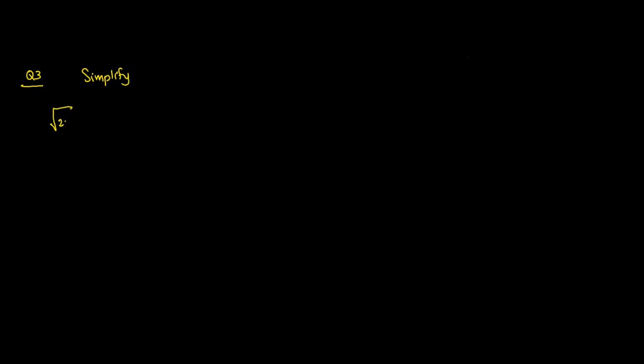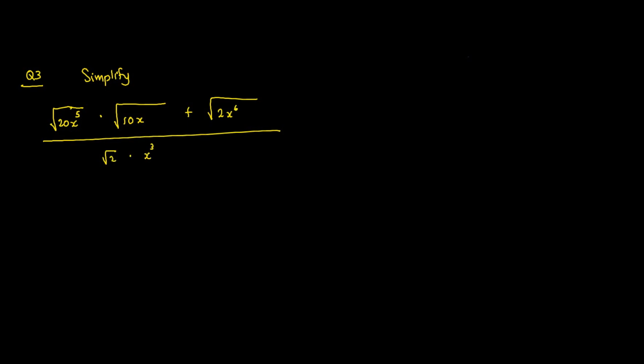We have the square root of 20x raised to the power 5 times the square root of 10x plus the square root of 2x raised to the power 6 all over the square root of 2 times x cubed. So looking at this question, very quickly press pause, attempt it, and then we will discuss it.